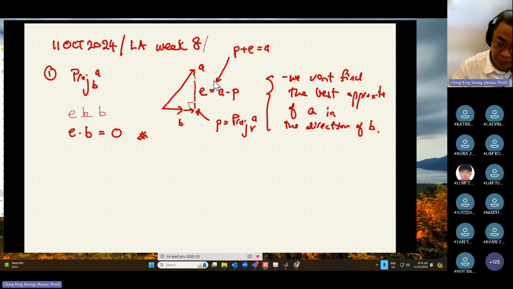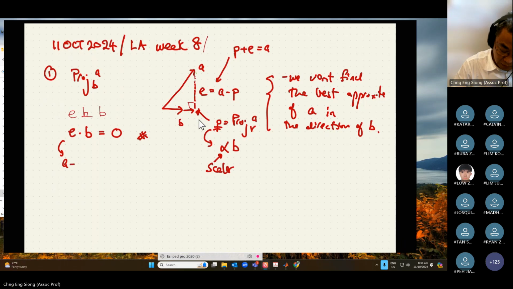But what is P? Remember, we told you that P is along B. So we call it alpha, a scalar, times B. That's all. So we have all these notations sitting around; let's collect them. A minus P dot B is equal to 0.